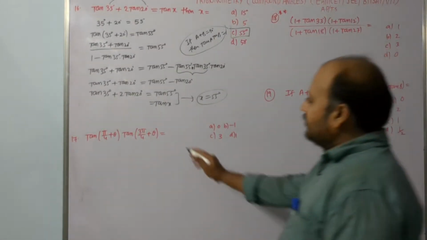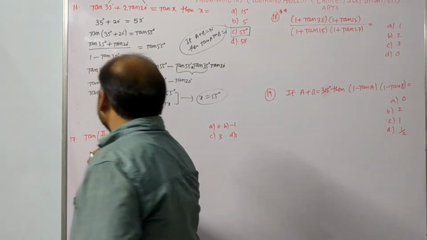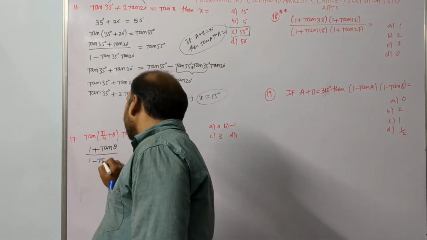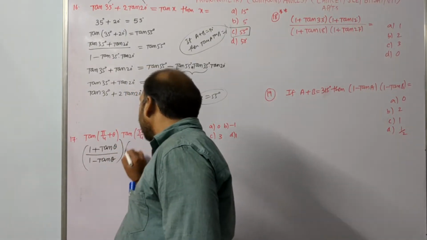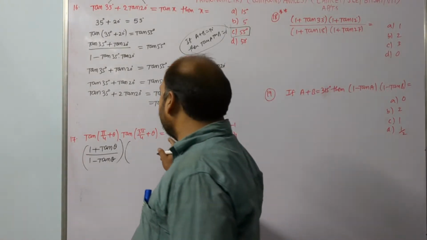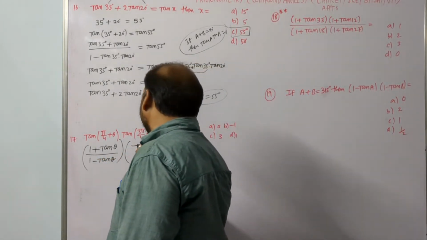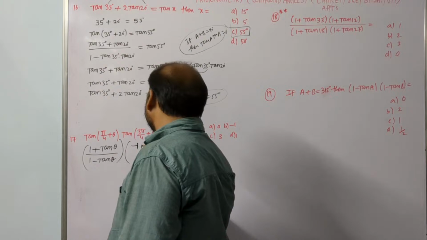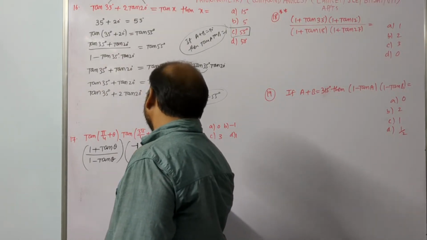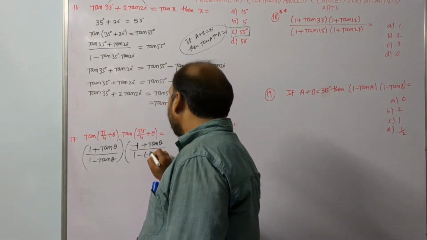We'll move to the next question. Question number 17. Tan of pi by 4 plus theta is 1 plus tan theta by 1 minus tan theta. Whereas tan 3 pi by 4 means 135. Tan 135 plus theta: tan 135 is tan of 180 minus 45, which is minus tan 45, which is minus 1. So minus 1 plus tan theta divided by 1 minus 1 into tan theta.